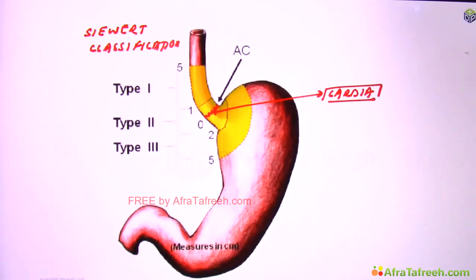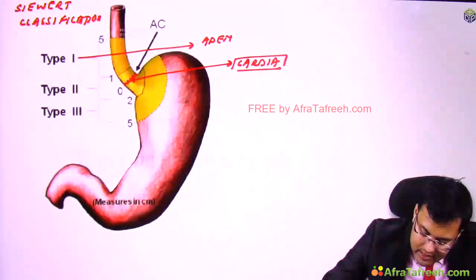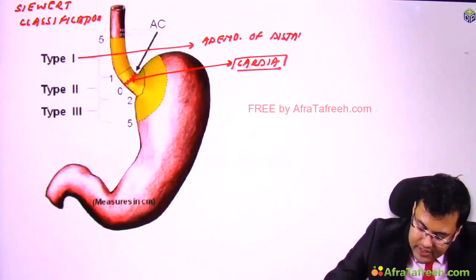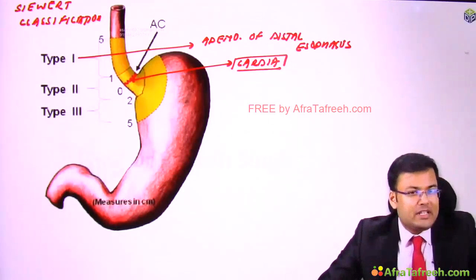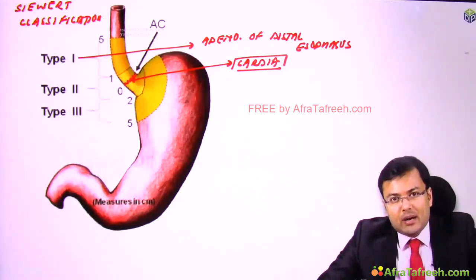Now can you see what is this type 1? This includes adenocarcinoma of distal esophagus, and the location of this tumor is from 1 centimeter to 5 centimeter above cardia.